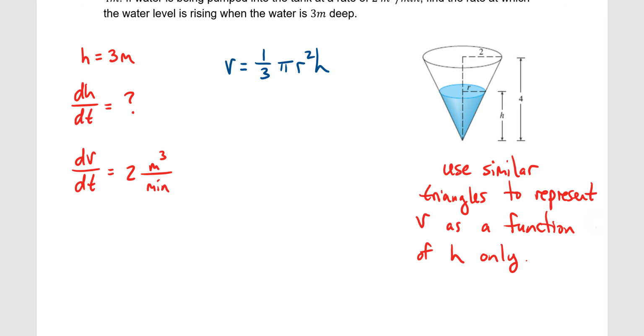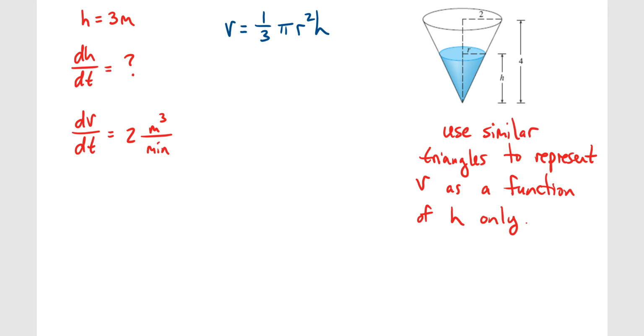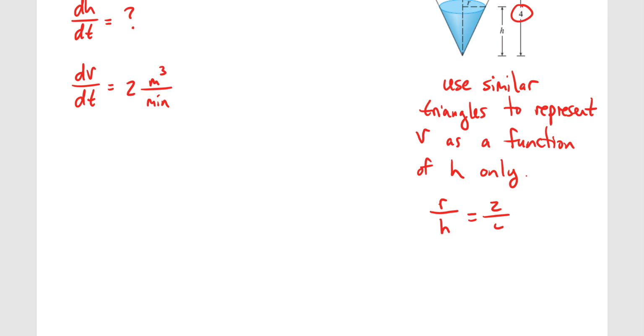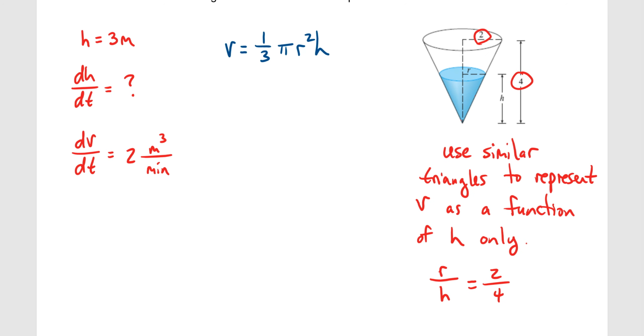Thinking back to a geometry class, the similar triangle proportion tells us that r over h has to equal the same r over h for this other triangle, which is 2 over 4. That's just one of those tricks you'd have to know to use here.